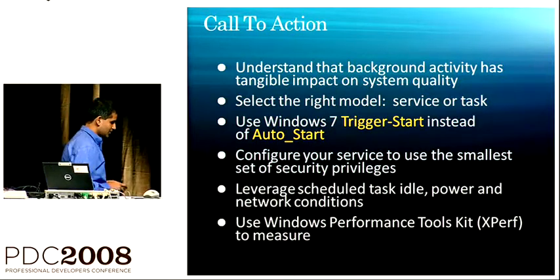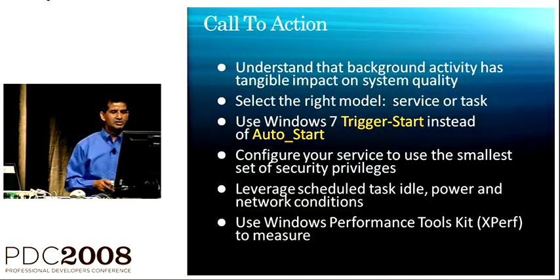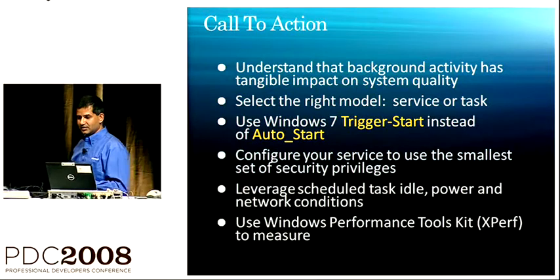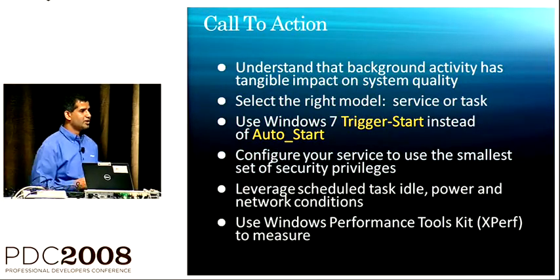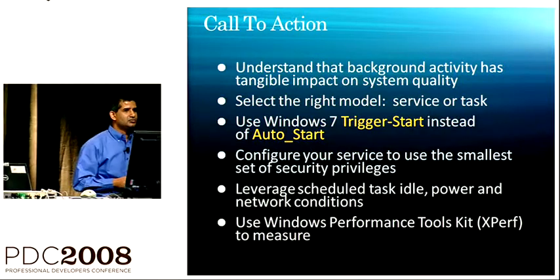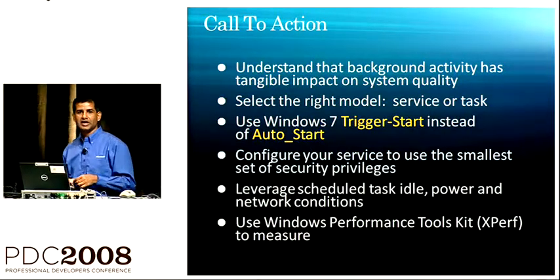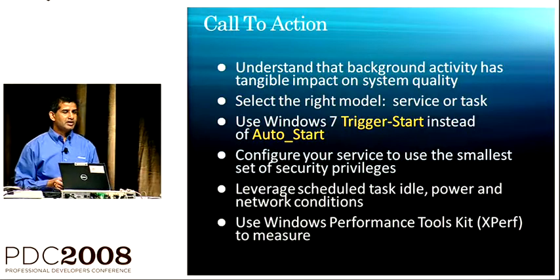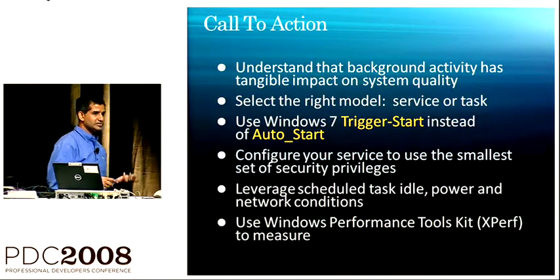So I would like to close the talk mostly today and have these recommendations one more time. We have to understand that background activity has quite a bit of real impact on user experience.